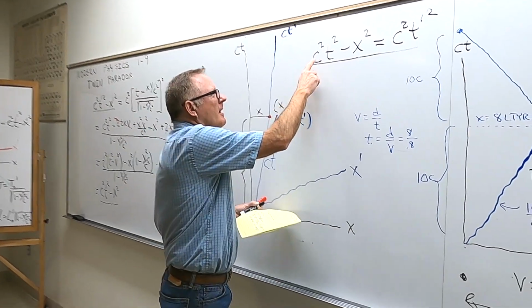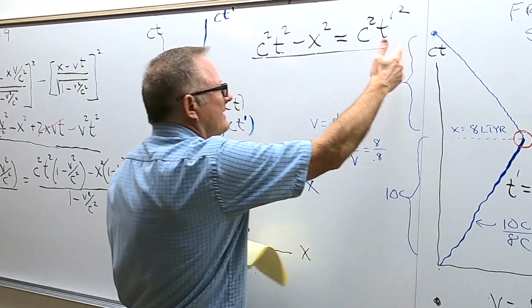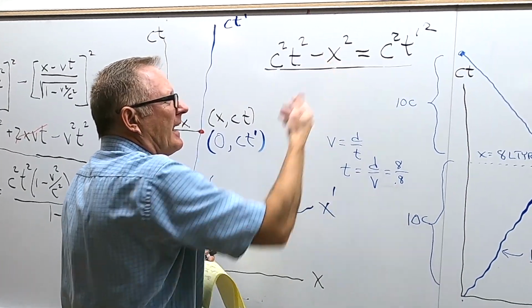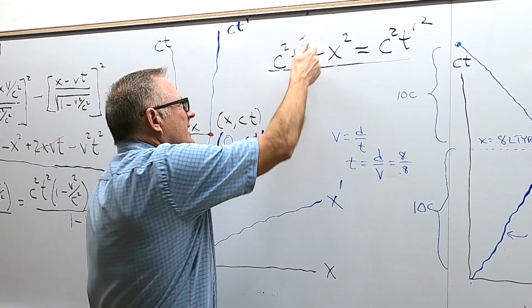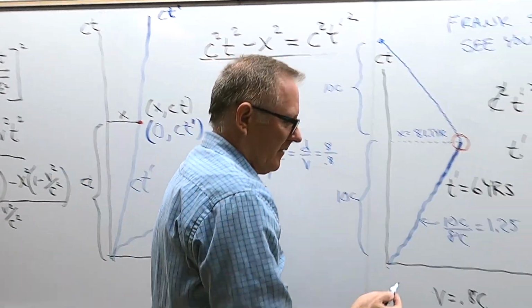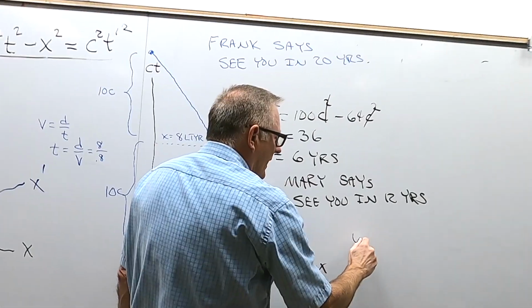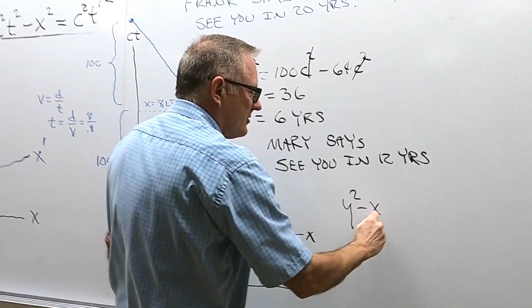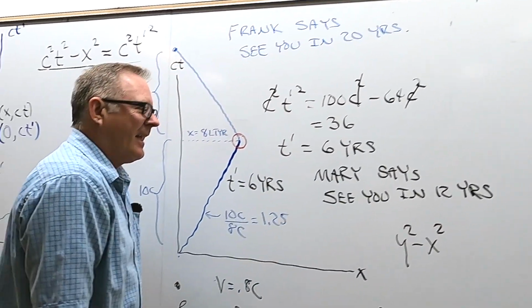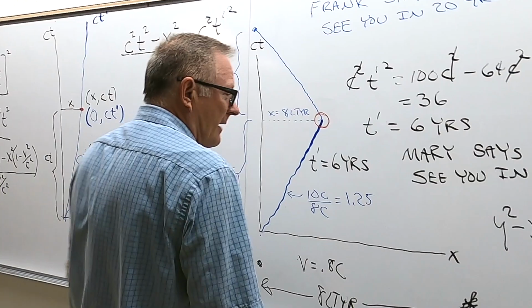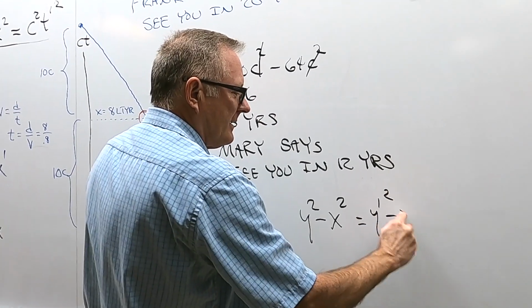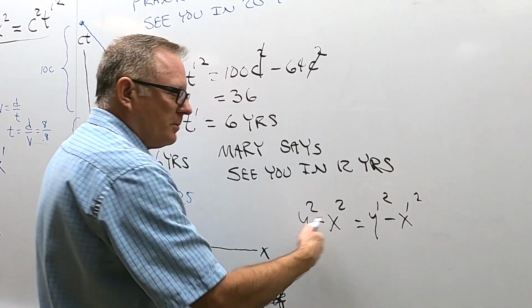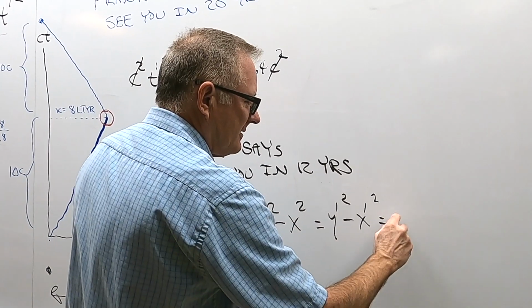Well, let's come back to this for a minute. You notice this is really my y-axis, and this is really my x-axis. So if I just call this y for a minute, y squared minus x squared should equal y prime squared minus x prime squared, which means this is a constant.